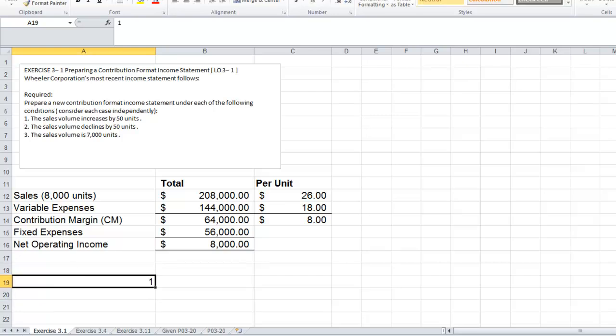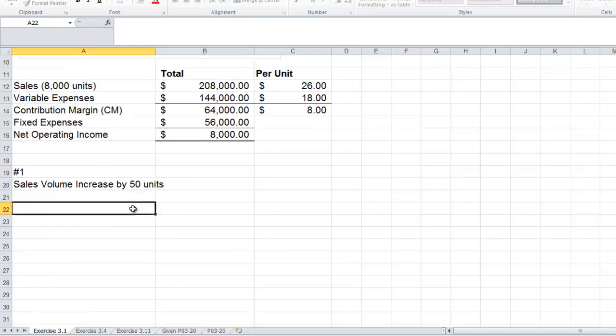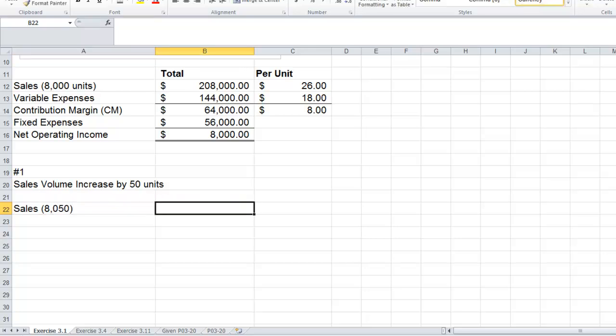So number one. Sales volume increases by 50 units. Okay, so now if we're going to have sales, it would be 8,050 units, which would equal 8,050 times, I'm going to use our selling price of $26 per unit.